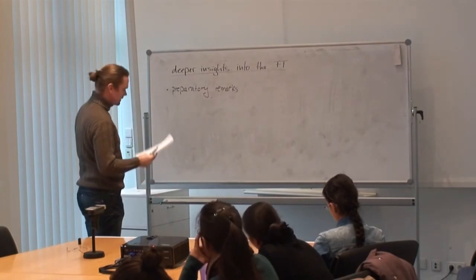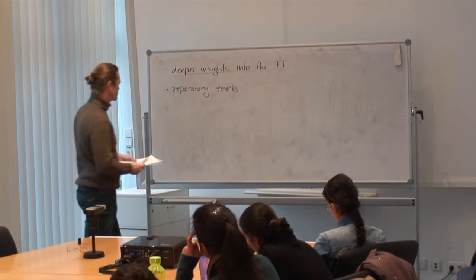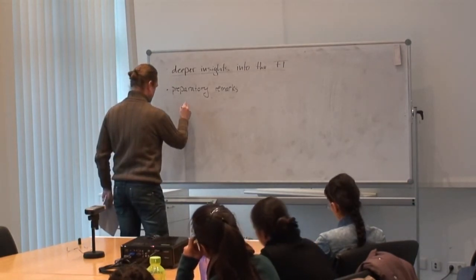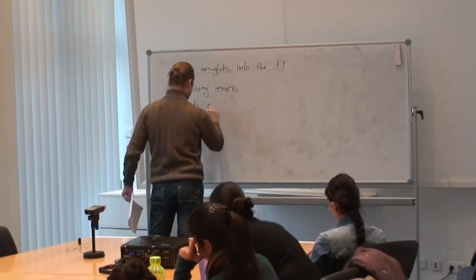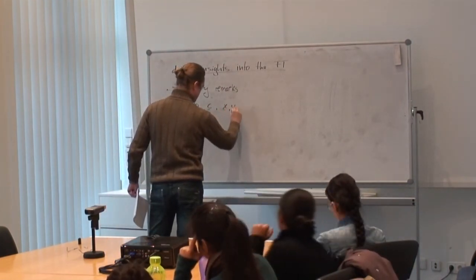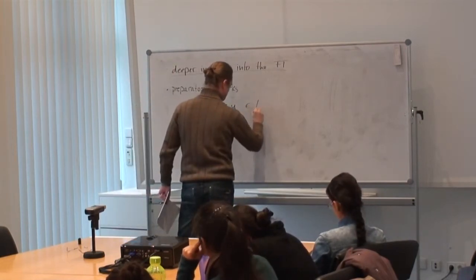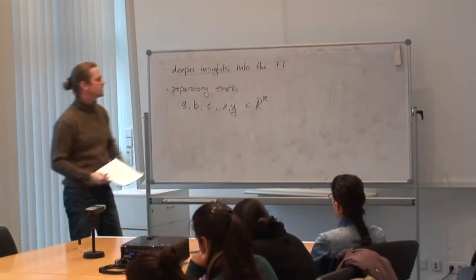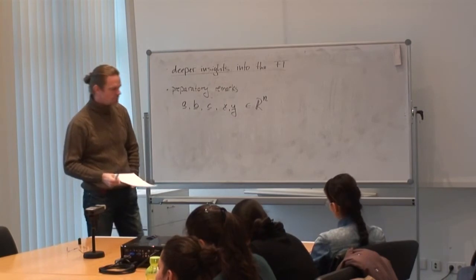We shall begin by studying properties of the usual vectors. That is, let us look at vectors a, b, c, x, and y. And all of these vectors are supposed to be, for the sake of our discussion, n-dimensional vectors defined over the real numbers.